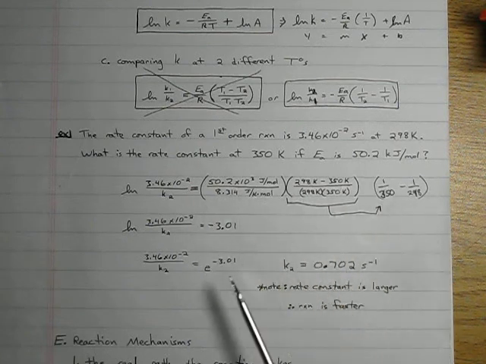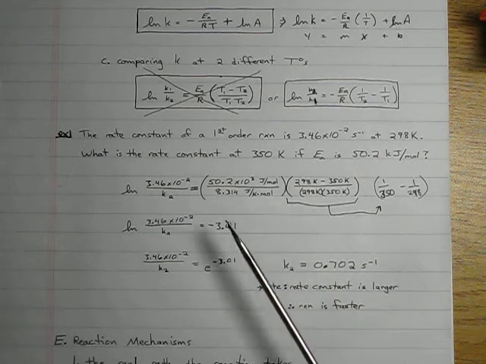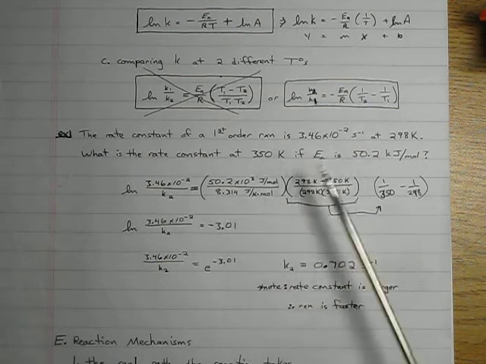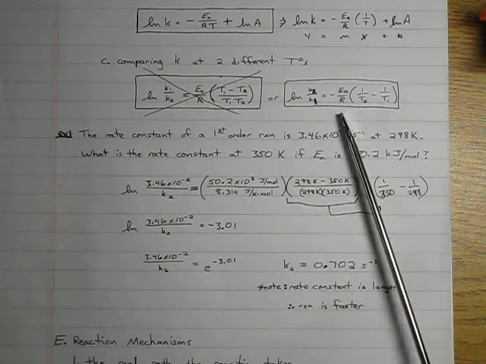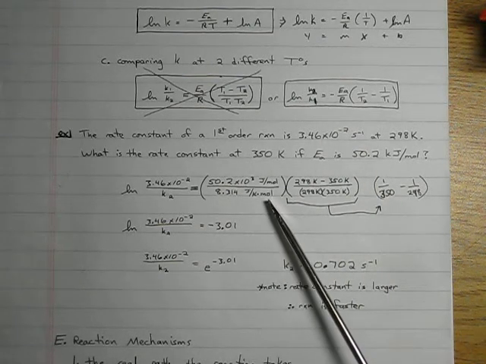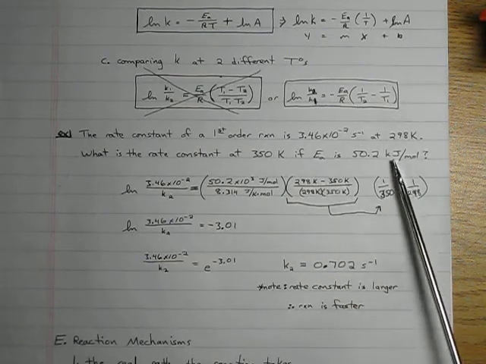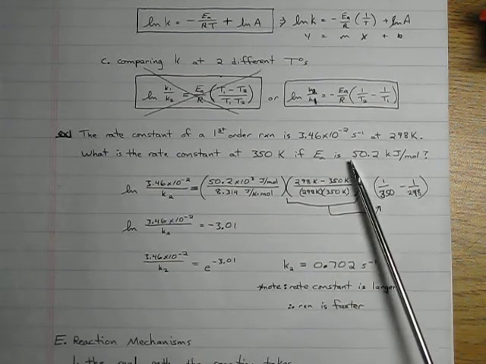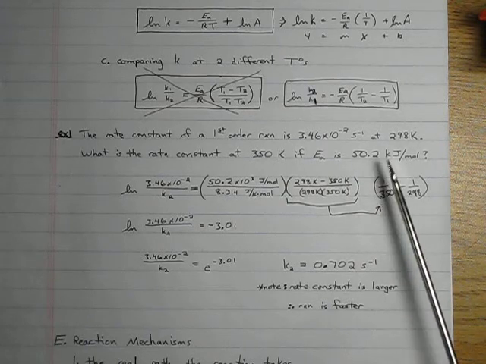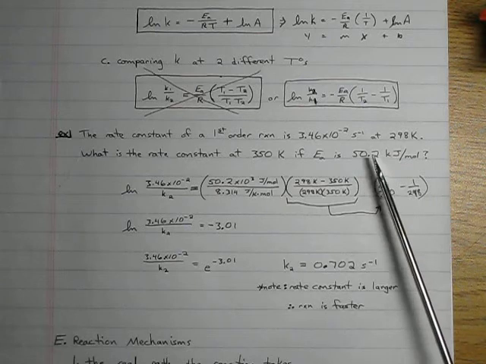You do the math, make sure you account for a number of things. The two things you have to watch out for here is our R is 8.314 joules per Kelvin mole, whereas our activation energies are always given in kilojoules. So you need to convert this 50.2 kilojoules into joules. The way you do that is very simple.